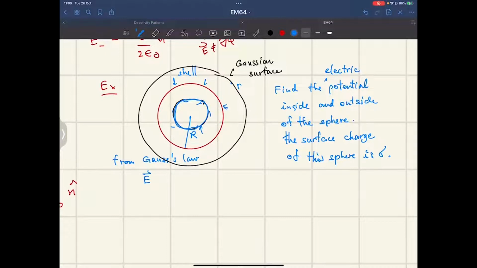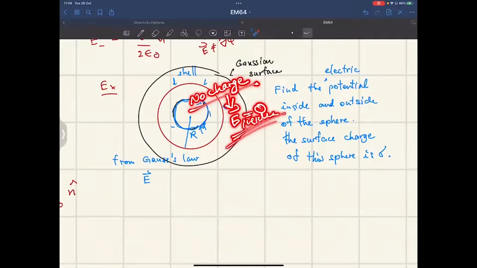Is there a charge inside this surface here? No, there's no charge inside the sphere. When there's no charge, E field is what? 0 inside. Is it clear?